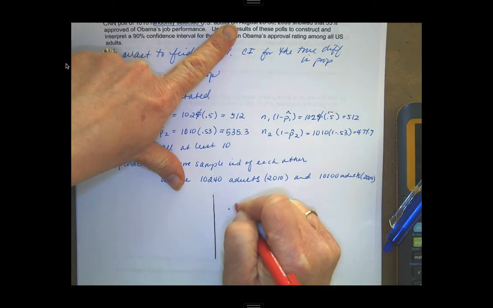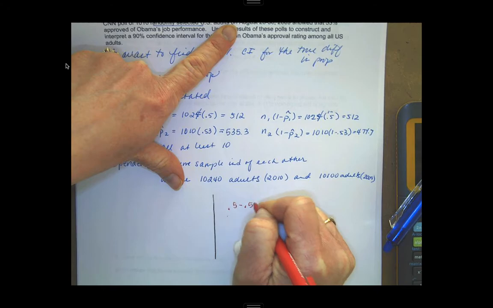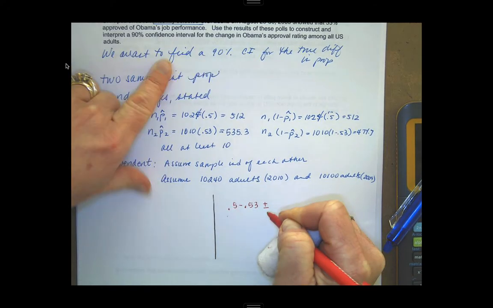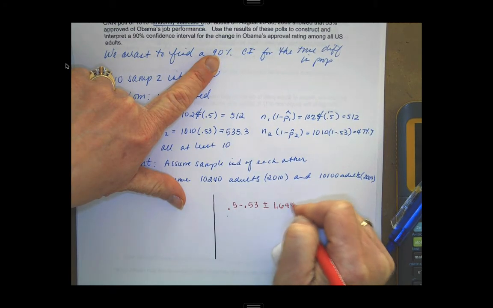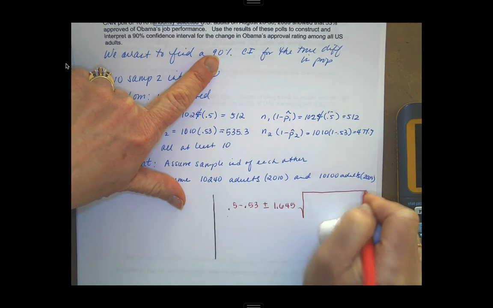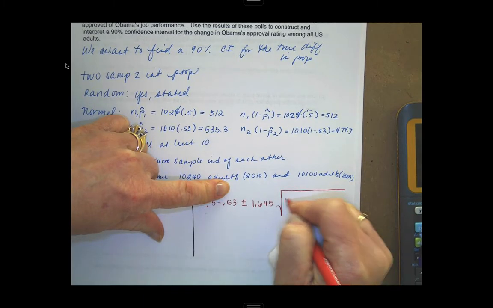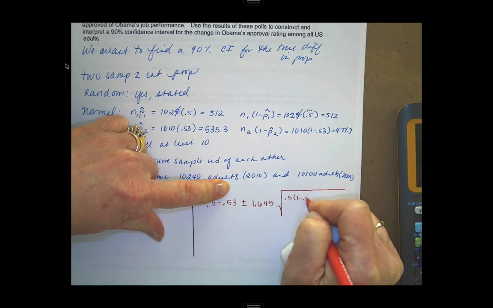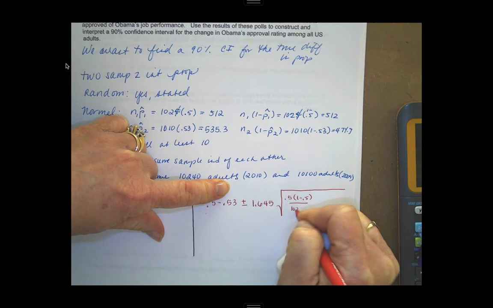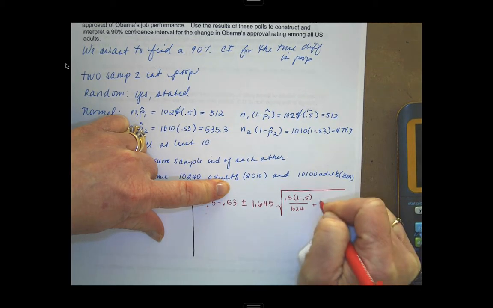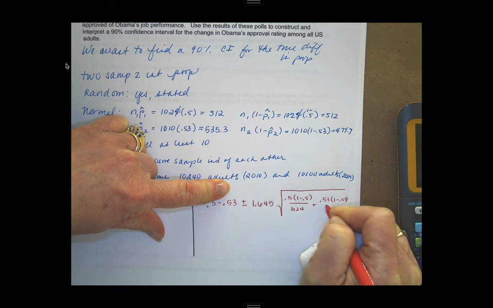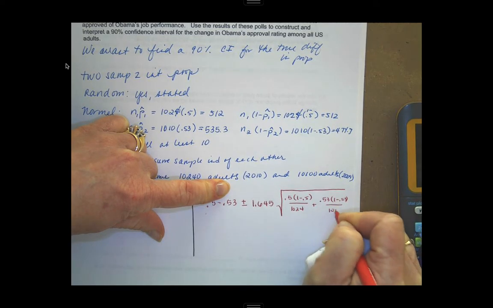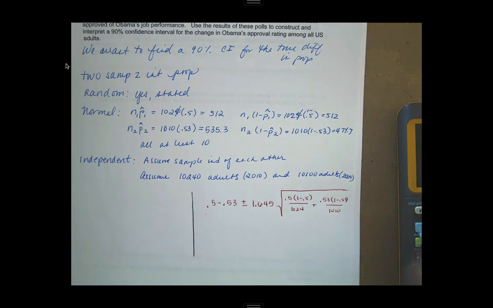So I'd have 0.5 minus p hat 2 plus or minus, and since I'm doing a 90% confidence interval, it's 1.645 times the square root of p hat 1 times 1 minus p hat 1 over n1 plus p hat 2 times 1 minus p hat 2 over n2. That's what the formula will look like.